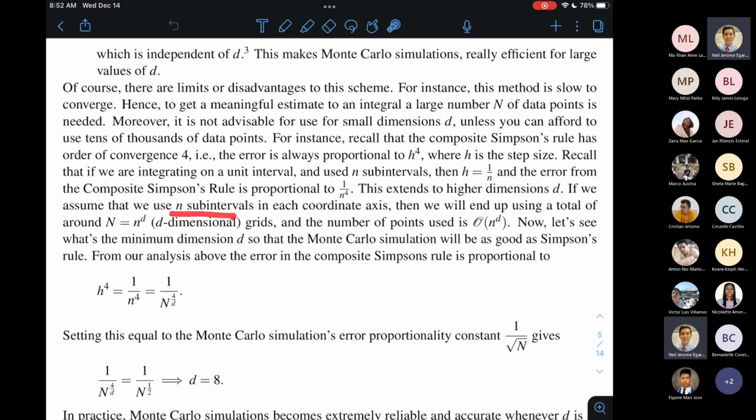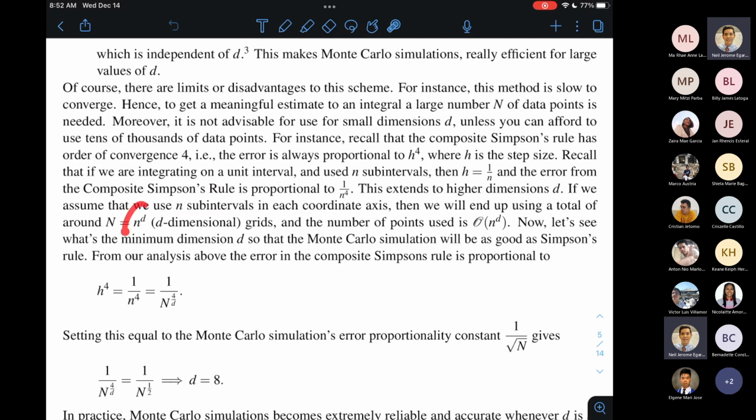So if we're using n subintervals sa bawat coordinate axis, so gumagamit ako ngayon ng composite Simpson's sa isang function of several variables. So kung meron akong d na dimensions doon sa aking problem, so I have d variables, I will subdivide each of the d coordinate axes into n subintervals.